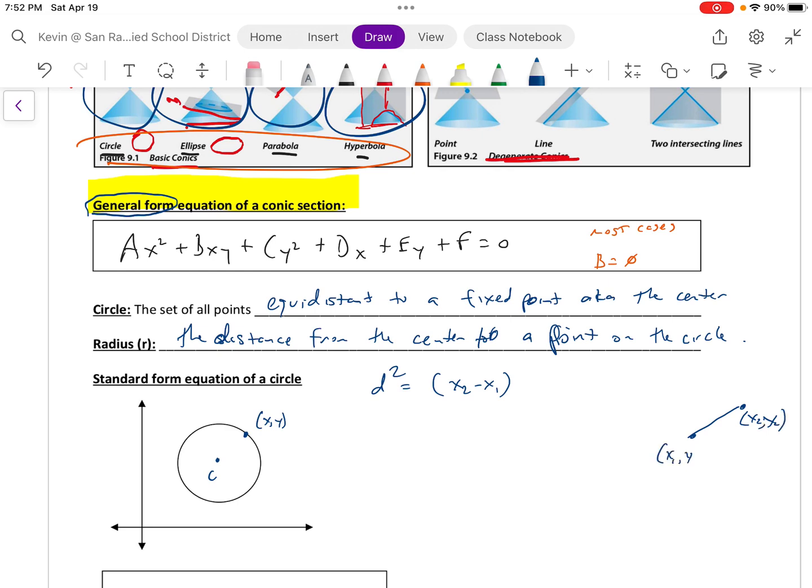So we have this point, and this is x sub 2, y sub 2, and this is x sub 1, y sub 1. So if we want to find the distance between these 2 points, this distance here, distance squared equals x sub 2 minus x sub 1 squared plus y sub 2 minus y sub 1 squared. And to find the distance, then we just take the square root.